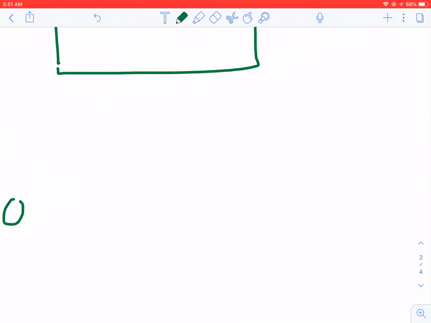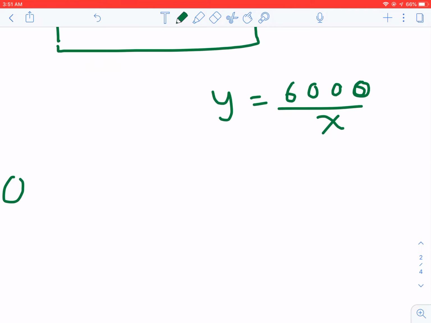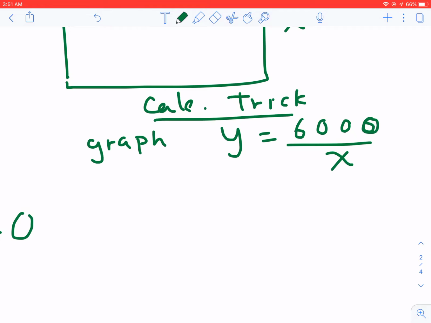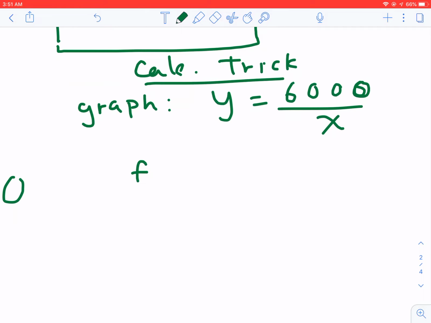What you can do on your calculator is graph y equals 6,000 divided by x, and then you can look at the table. This is a calculator trick we used for factoring a long time ago. You can graph that, and then you can look at the table.